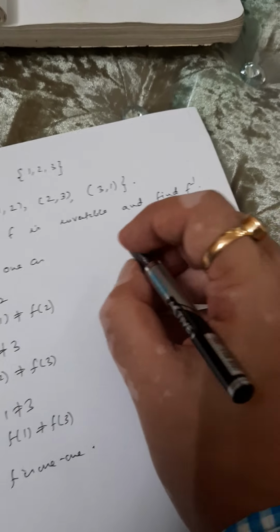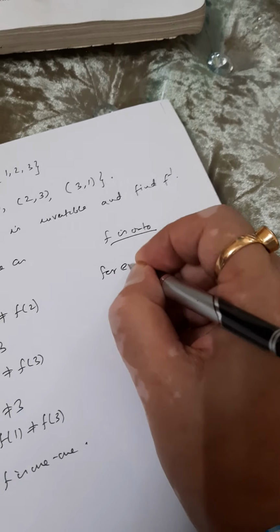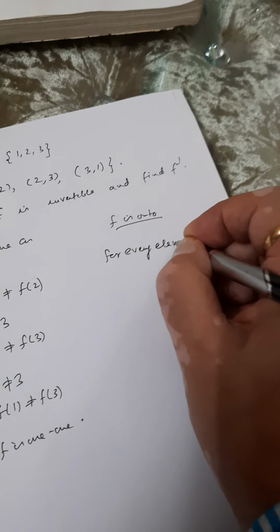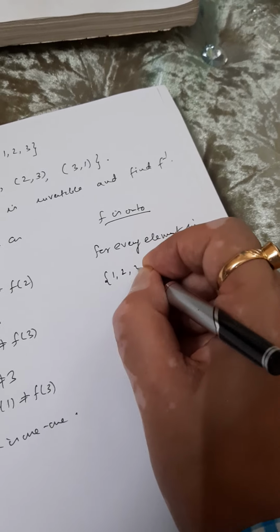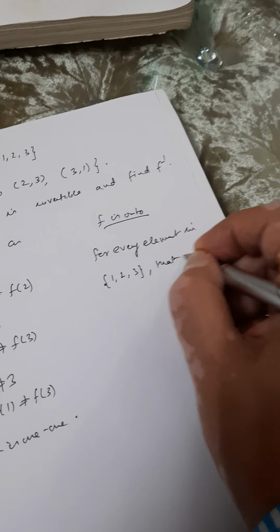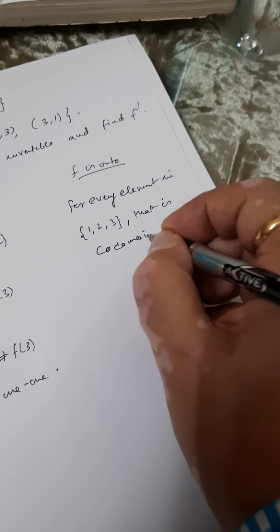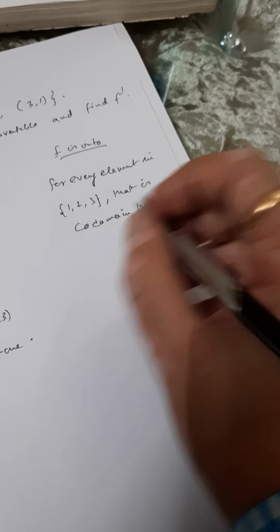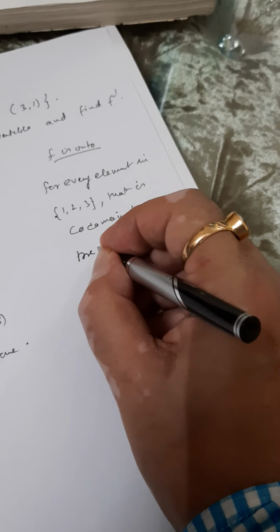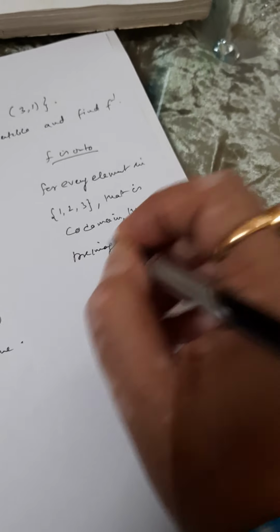Now f is onto. f is onto as for every element in {1, 2, 3}, that is the codomain, there is a pre-image of every element.